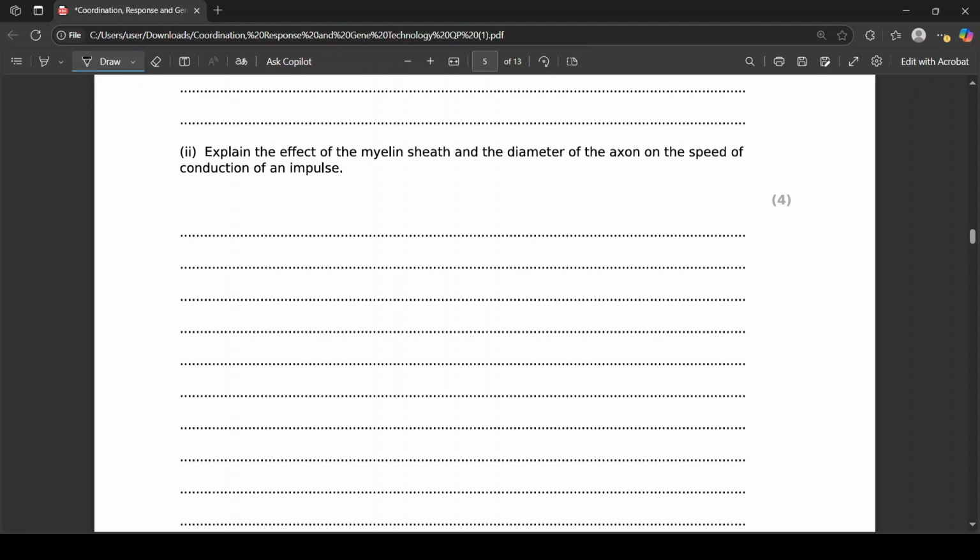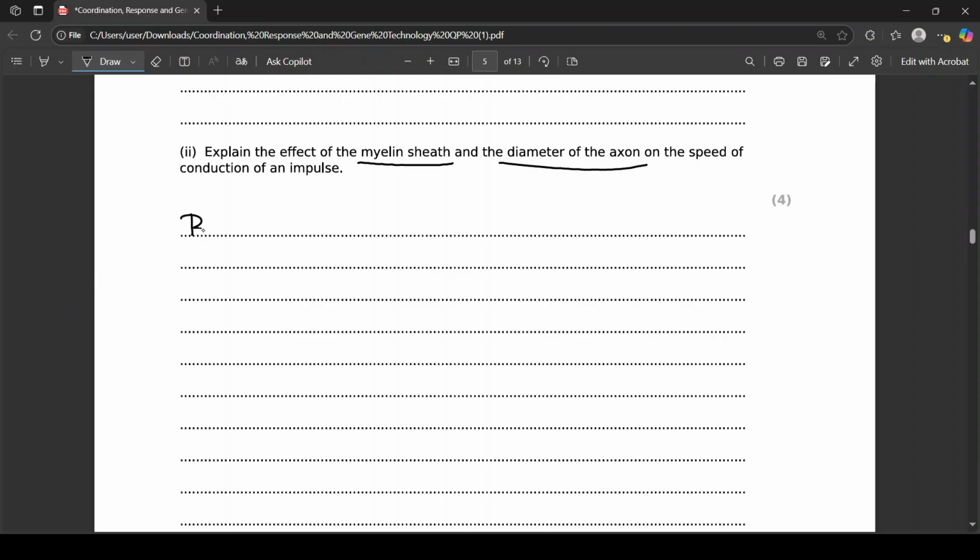So let's do this. First of all, we have to talk about the effect of myelin sheath and diameter of the axon on the speed of conduction of an impulse collectively.